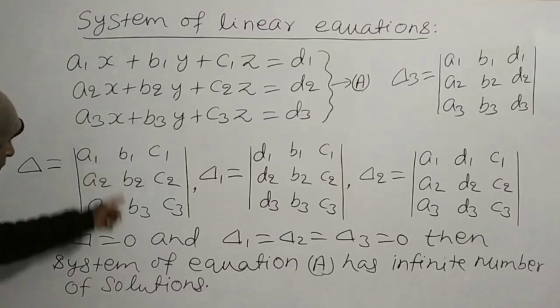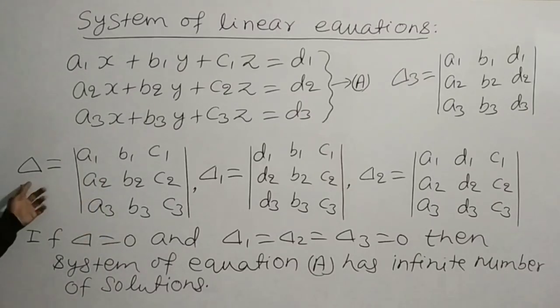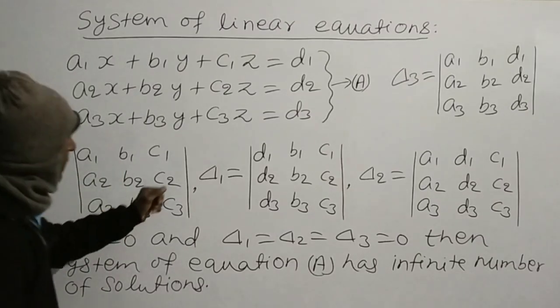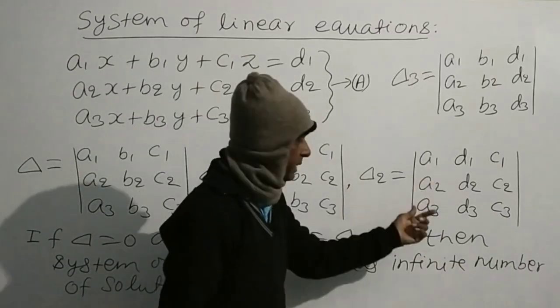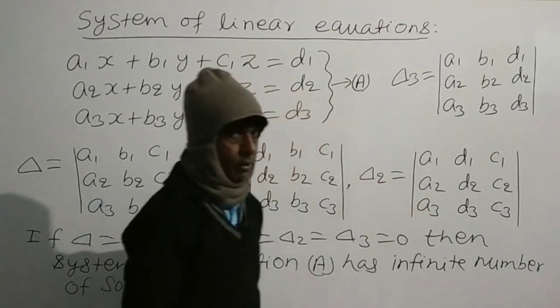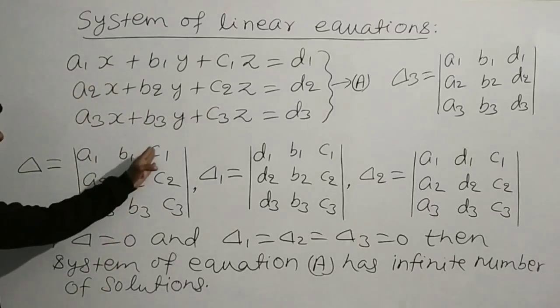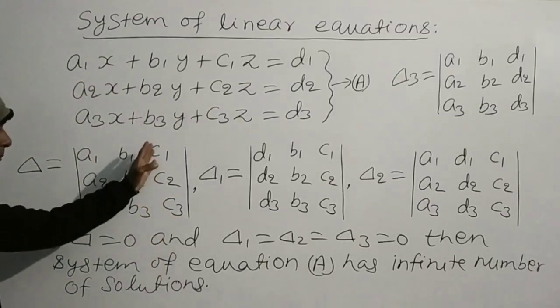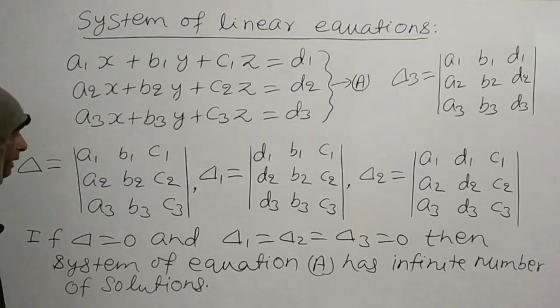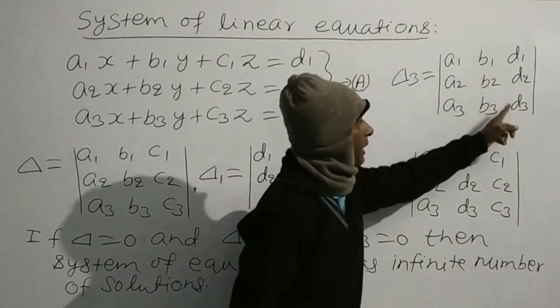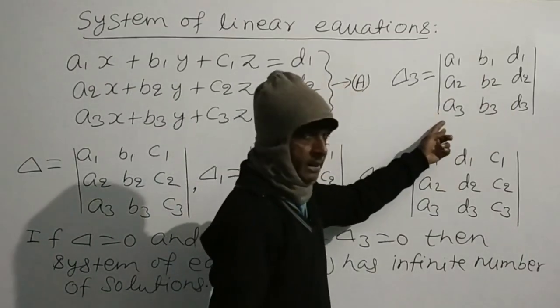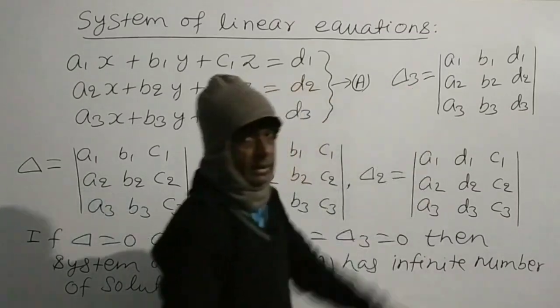Now we remove this column from delta and put here D1, D2, D3 and call this determinant delta 2. Now we remove this third column from this determinant and put here D1, D2, D3 and call this determinant delta 3.